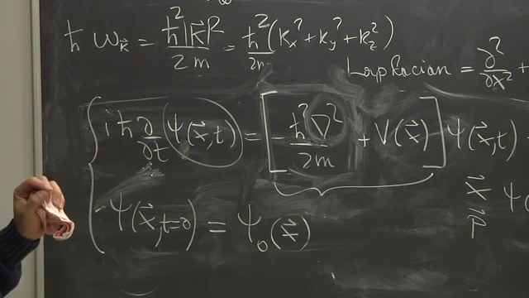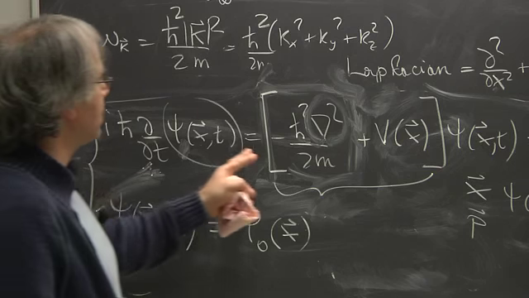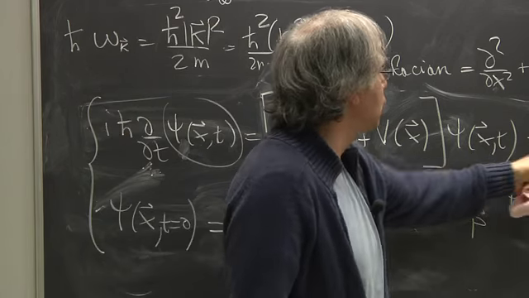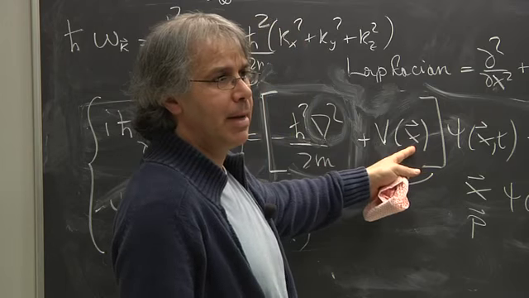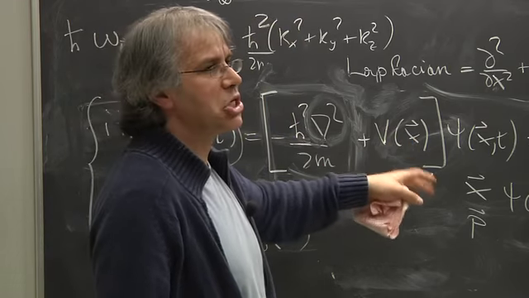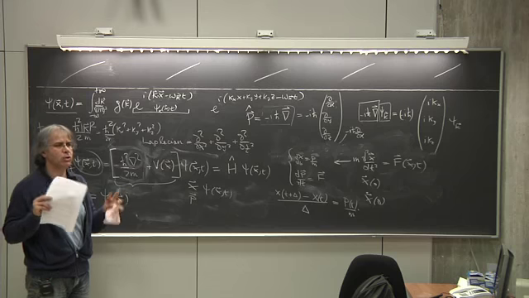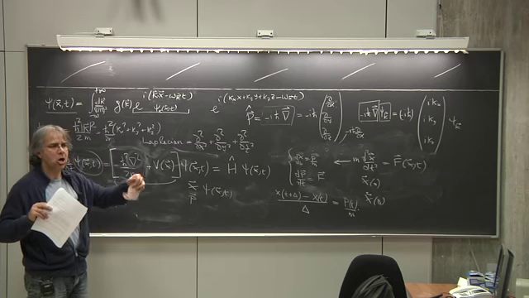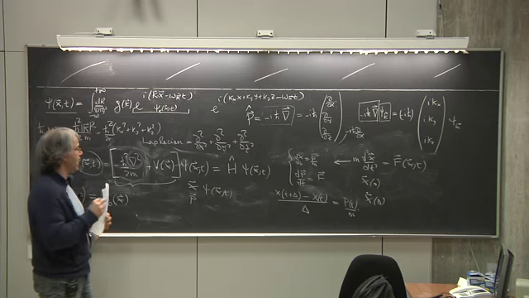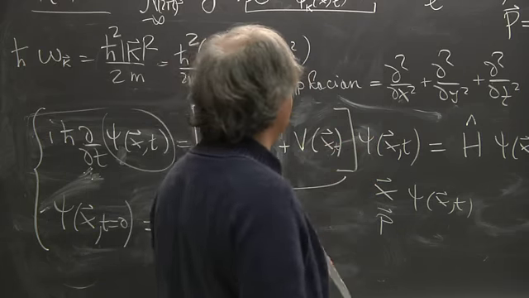By the way, in principle, nothing forces me to have this Hamiltonian that, as you see, contains no time. In principle, you could think that your potential, for instance, is due to some electric fields and magnetic fields and whatever, external objects that depend on time. So in principle, there might be a time explicitly appearing there.